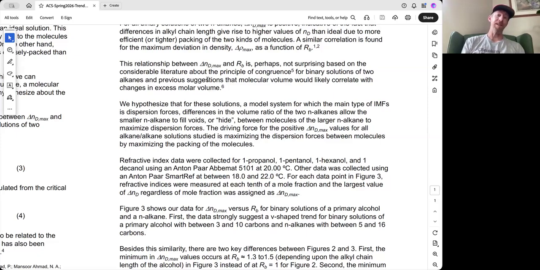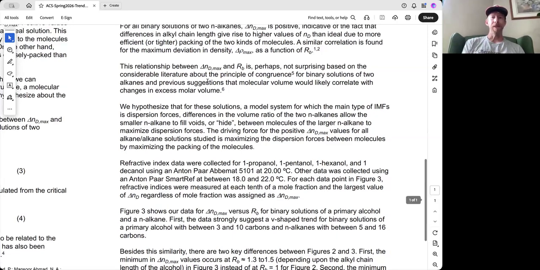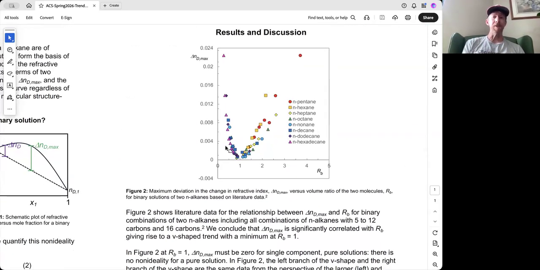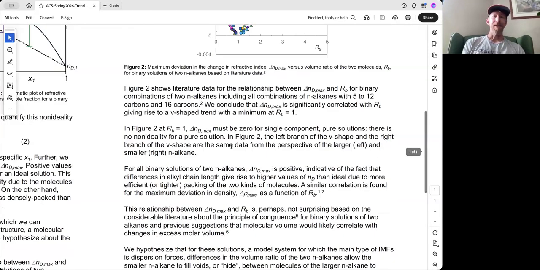We're doing refractive index, and the thing you have to know about refractive index is that when density, so mass over volume, increases for these solutions, refractive index increases as well. So we could make a very similar graph if we were doing what's called mass density.